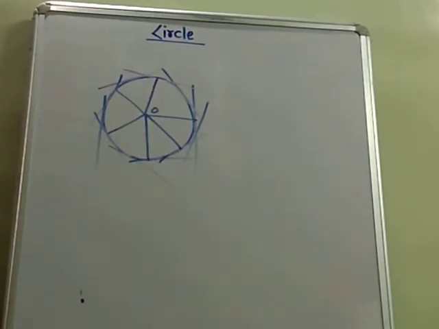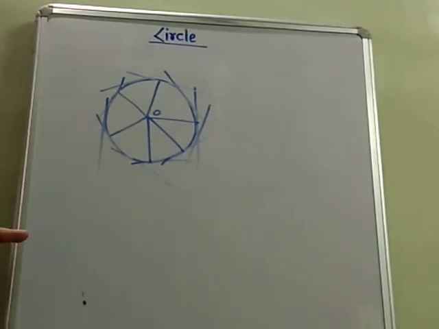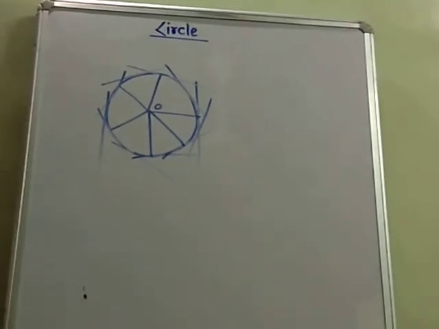If we draw a tangent at any point on the circle, it is perpendicular to its radius.